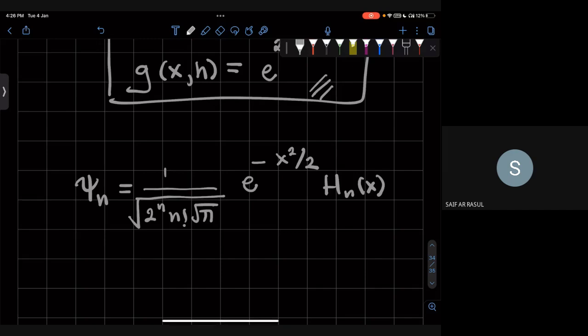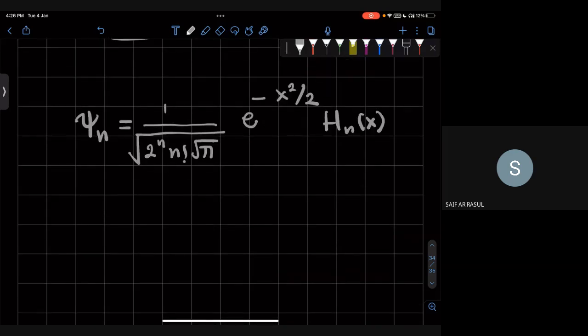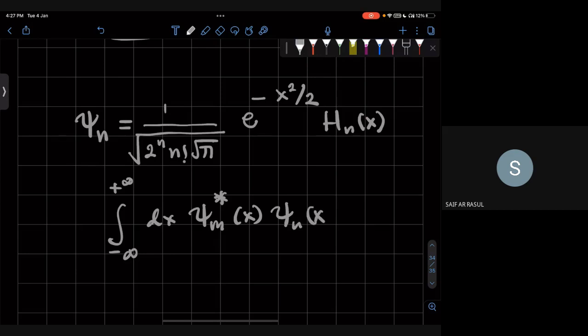So this is what our wave functions look like. And from the normalization, you can show that these energy eigenstates satisfy the orthonormality relationship, okay?